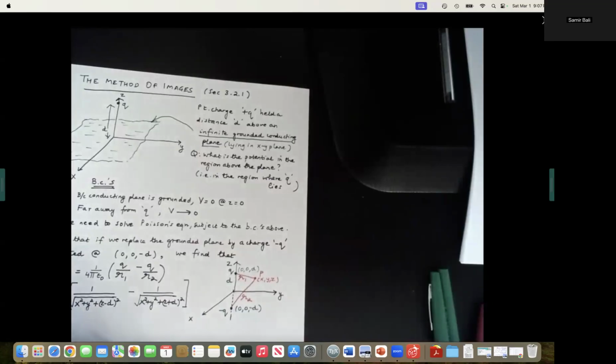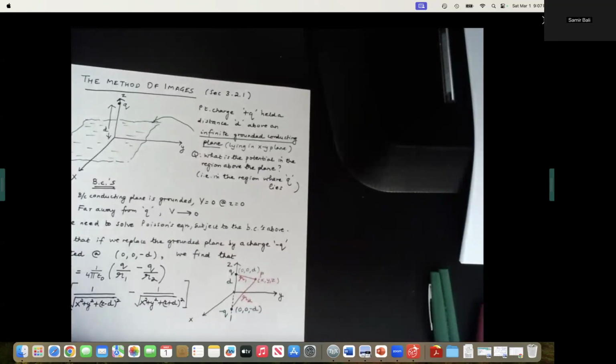And the boundary condition 1 says that this potential must be 0 when z equals 0, okay?